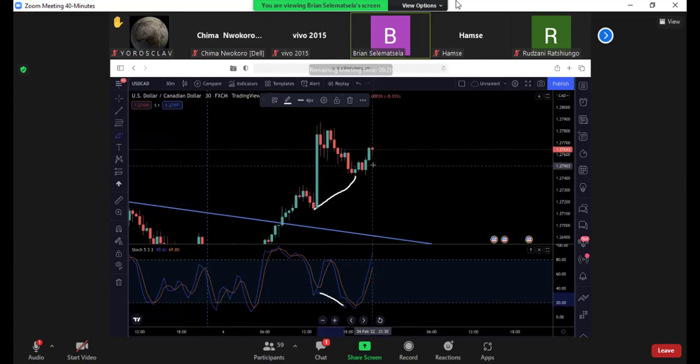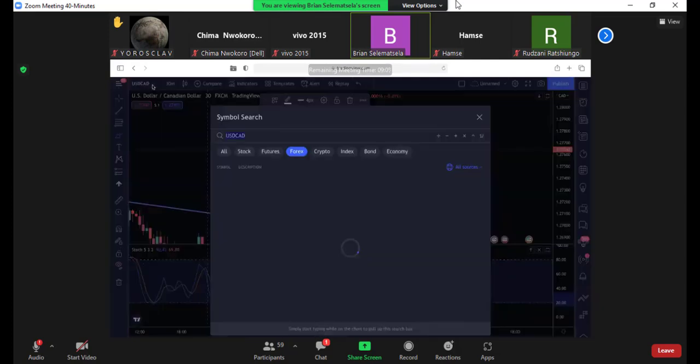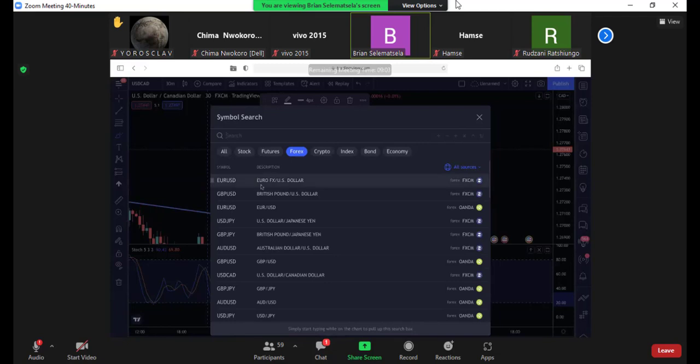We're able to comprehend the movement of a few of the pairs, just like this. It doesn't make any sense for others to be on the opposite directions. So to show what I'm talking about, you see this, I'm clicking on GBP USD.